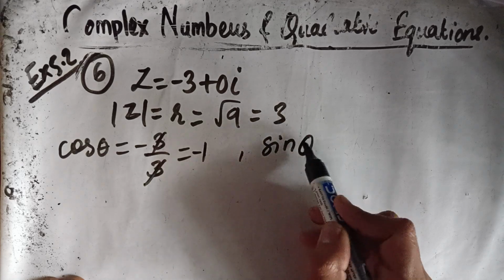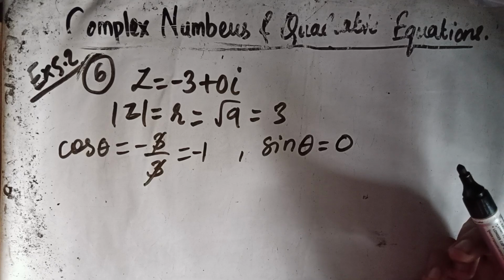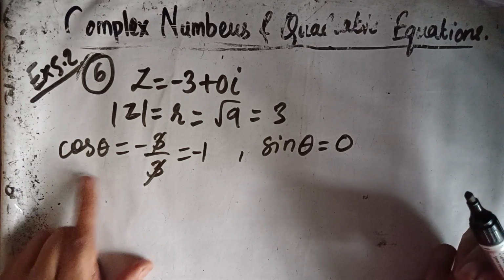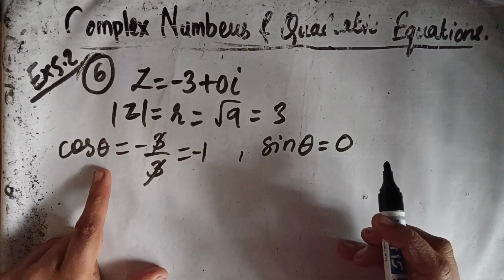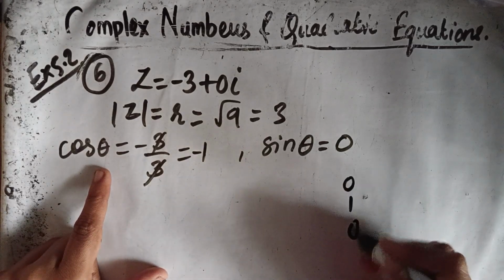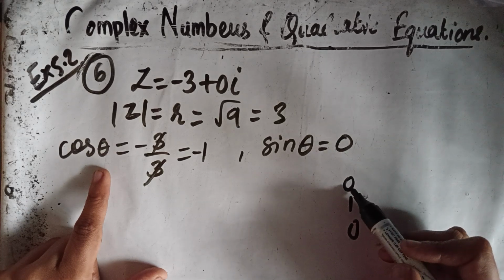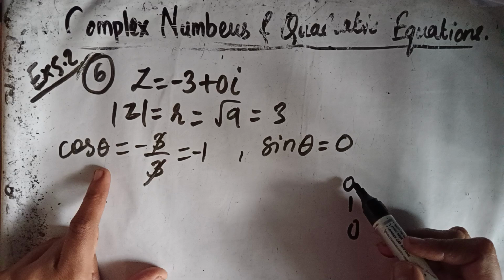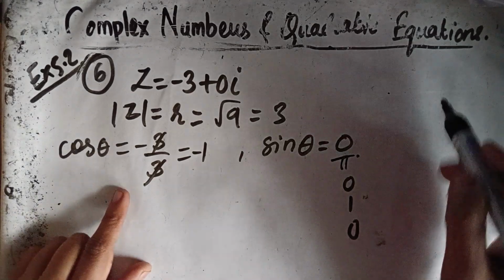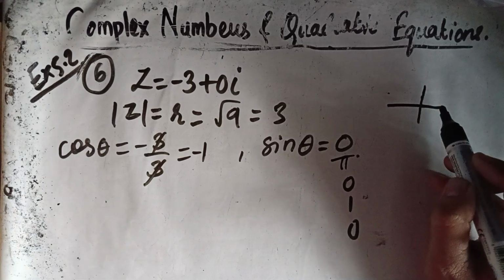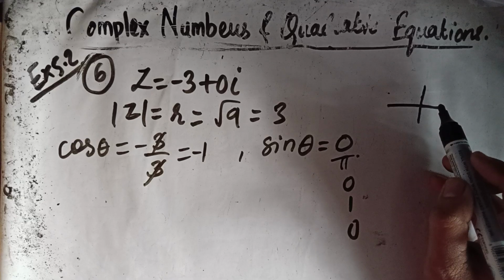Sin theta is 0. So theta is 180 degree, pi.